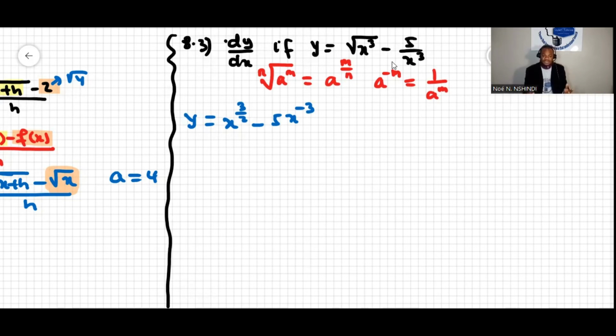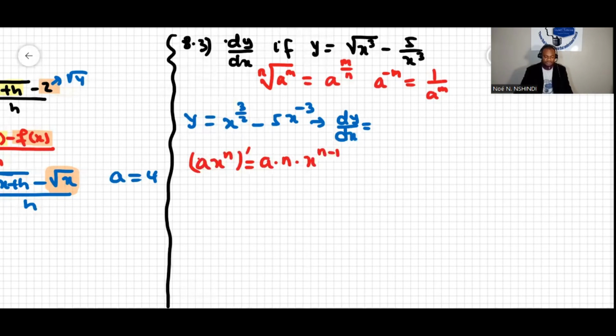Now, so far I didn't differentiate anything yet, but I just wrote the function in the easier way to differentiate it. So now we can work out dy/dx. So dy/dx will be equal to, according to the derivative formula, which states that the derivative of ax to the power of n is equivalent to a times n times x to the power of n minus 1.